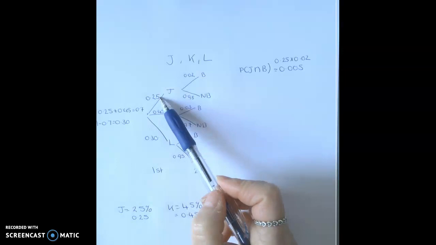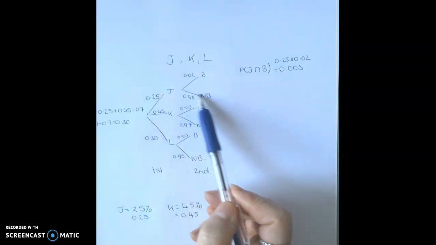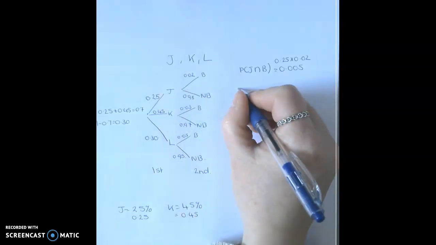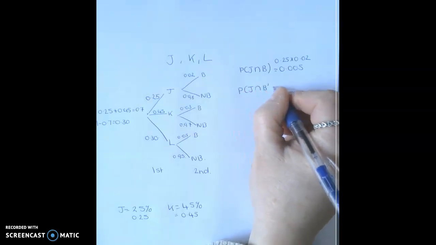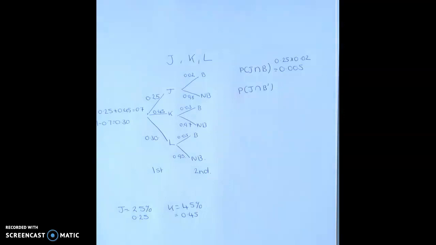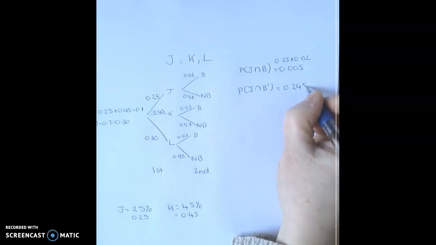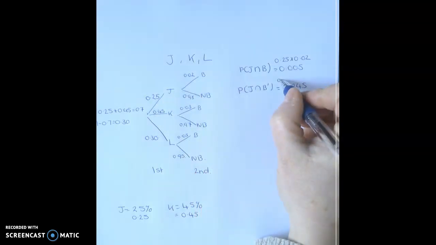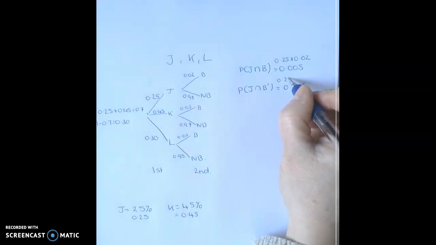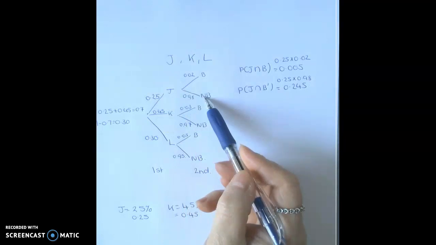So what about the probability that we pick machine J and the biscuit is not broken? Remember that little apostrophe sign for not, so not belonging to group B? Well, that is 0.245, and the way we get this is 0.25 times 0.98. So we're following this branch along here.